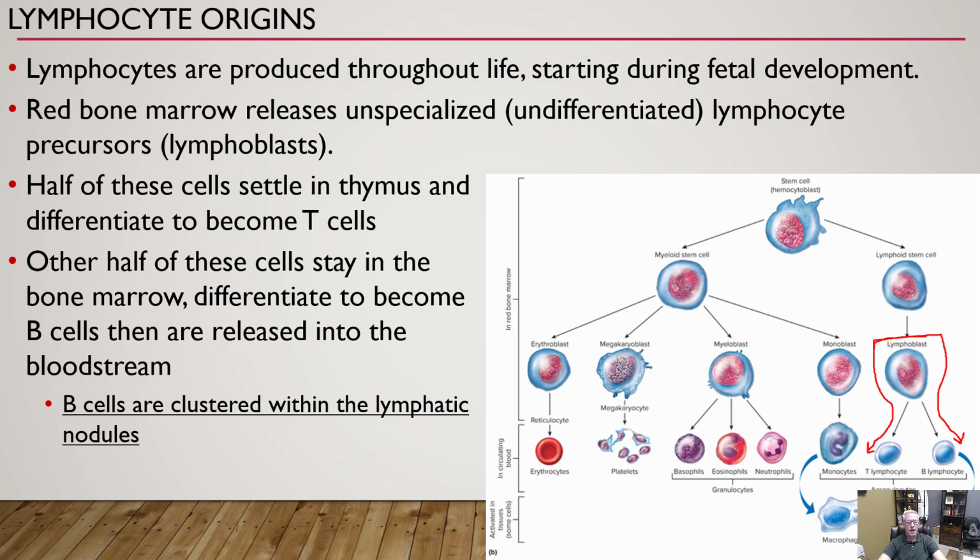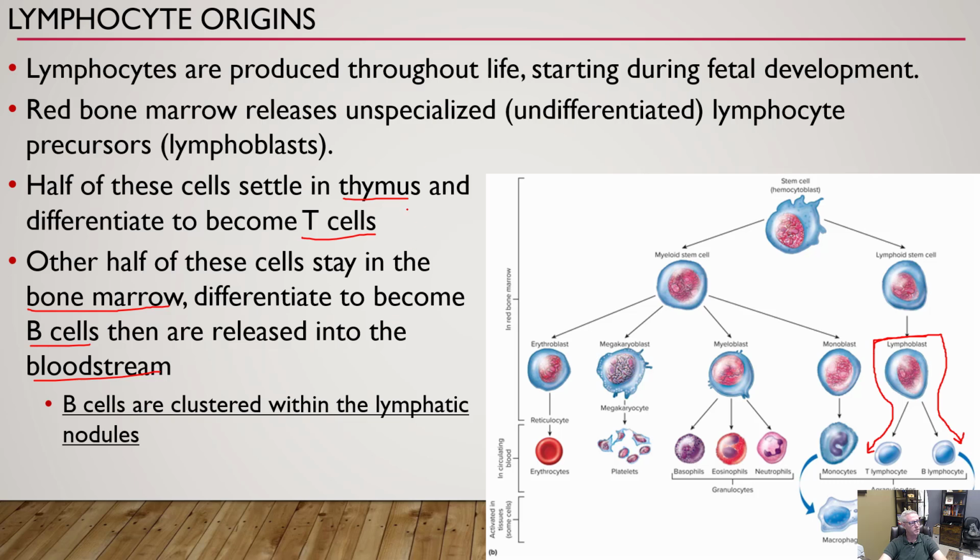So to remember where the lymphoblasts go, I remember T cells are thymus. So here, thymus, T cells. And I remember bone marrow, B cells, bloodstream.